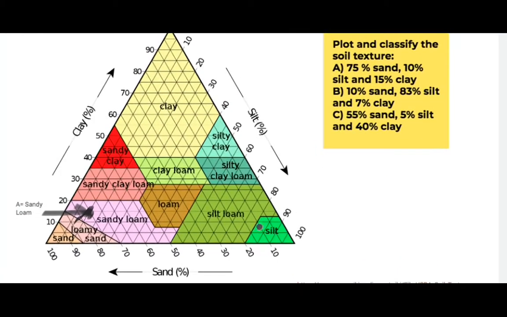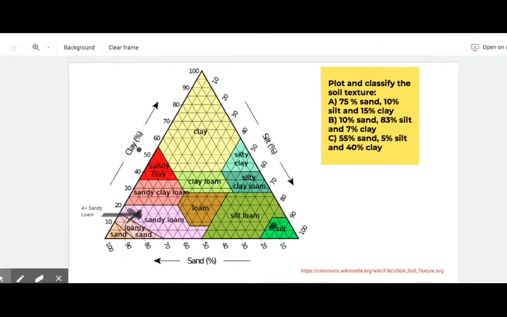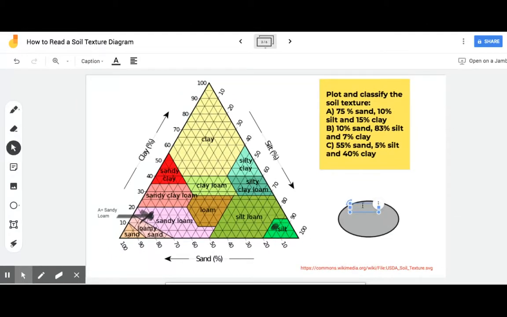And this will be my letter B. I want to use this circle so it's more fancy. So that is my letter B, which is silt. If you want to design, you can also use this one to make it more stylish. I'll use pink.